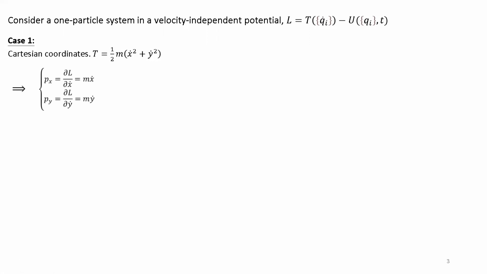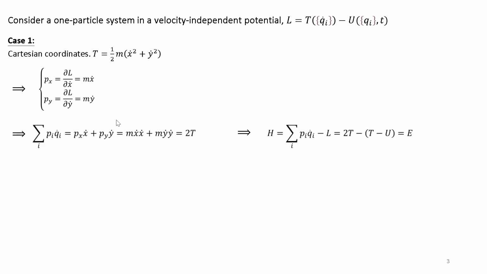What do we do? I'm going to find the momentum first, because the Hamiltonian has to be expressed in terms of the P, so this is Px, Py. Everything's okay.